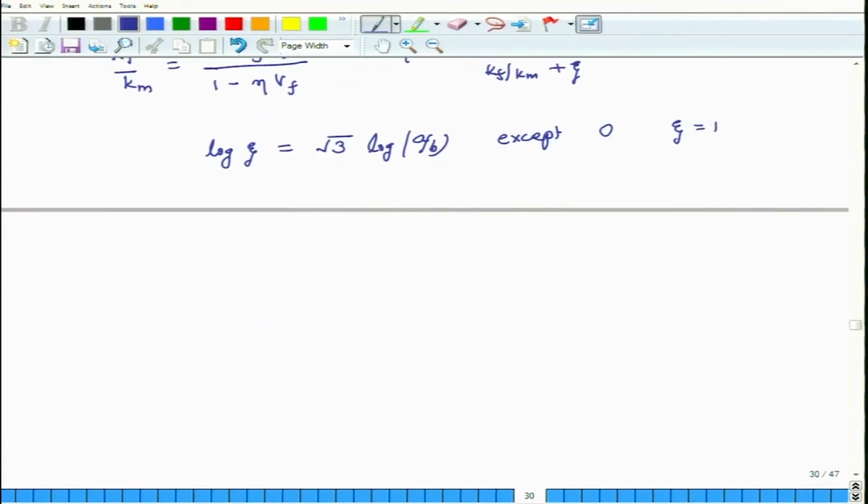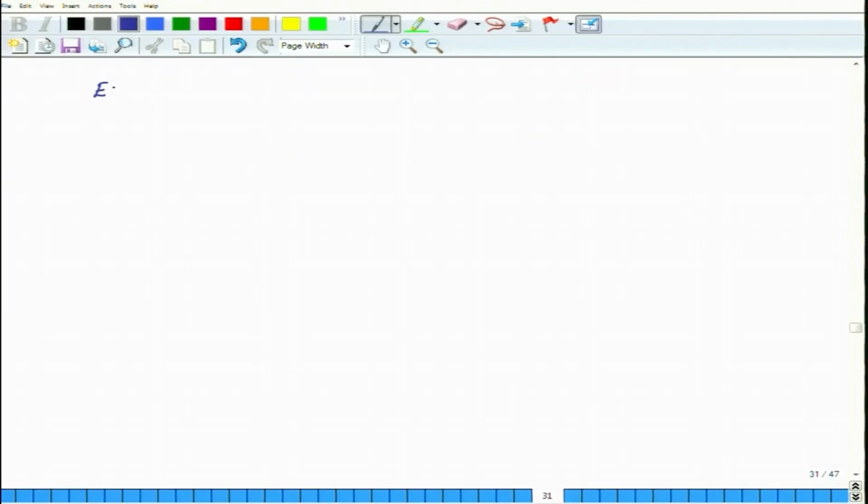So, we will do an example. Let us say I have a fiber system, and let us say we are talking about graphite fibers. Graphite fiber.